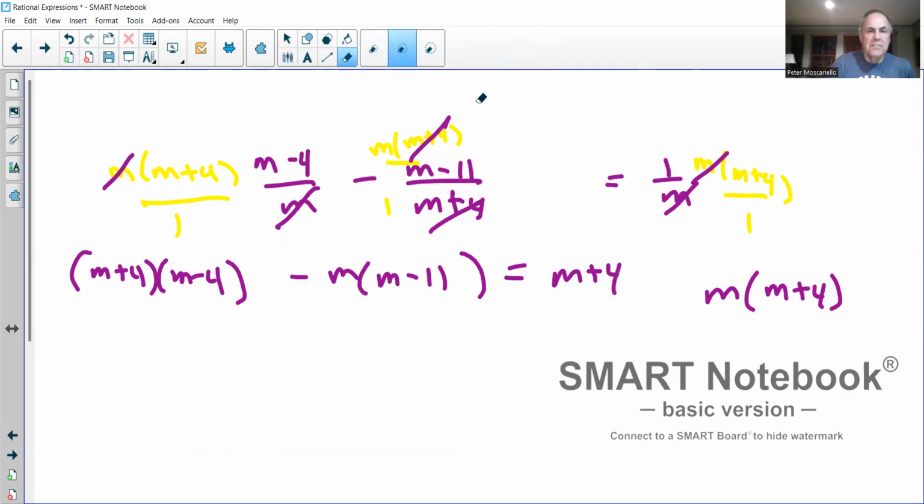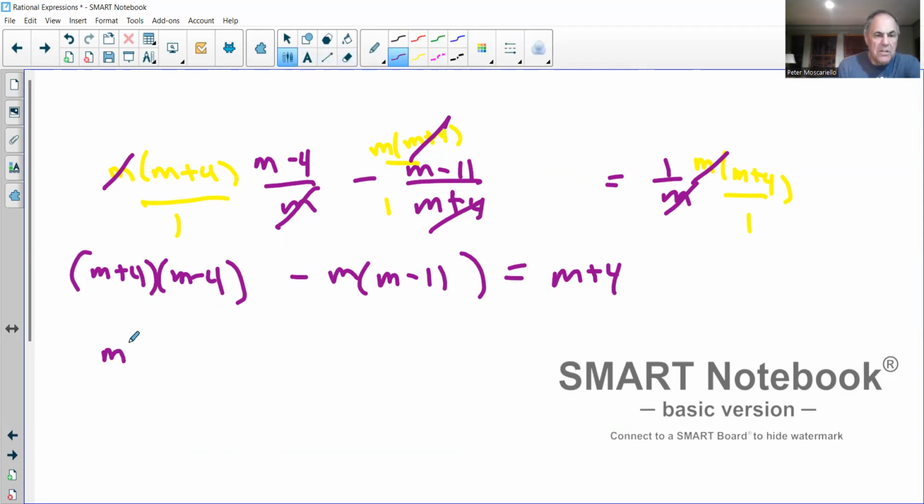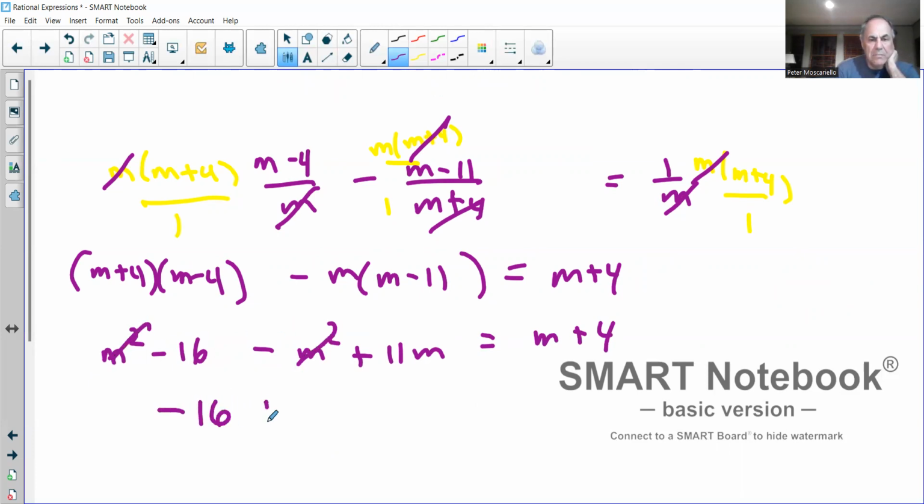A lot of stuff, still got a lot of stuff here. So next step is multiply it out. We'll FOIL this out and you get m squared minus 16. Distribute the negative, m squared plus 11m, m plus 4. Collect like terms here, m squared and negative m squared cancel. So I've got negative 16 plus 11m equals m plus 4.